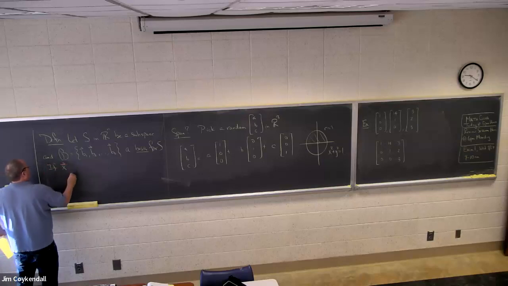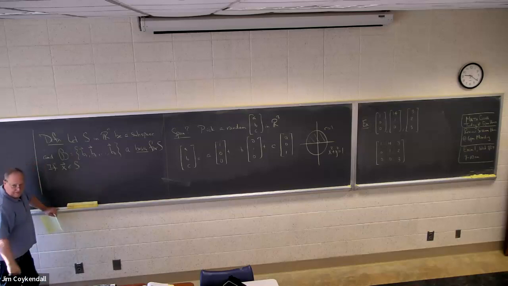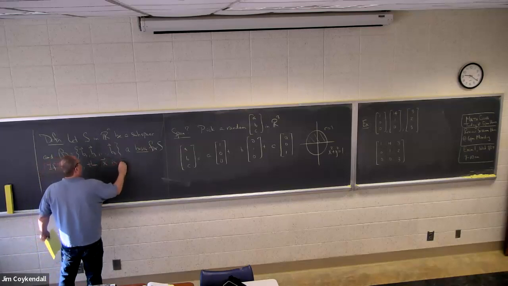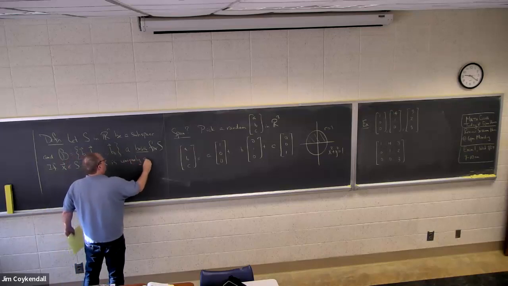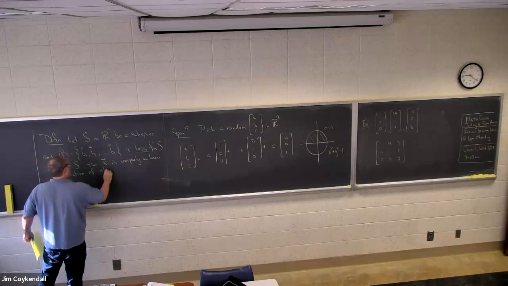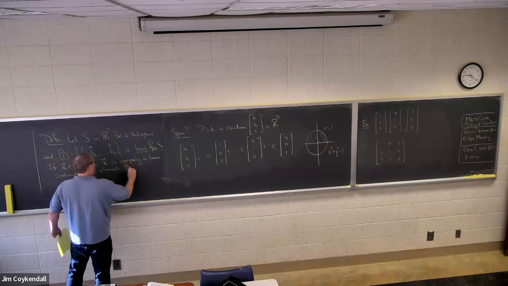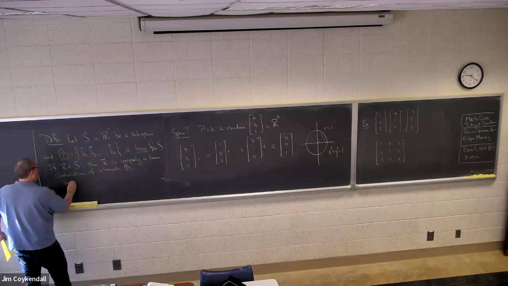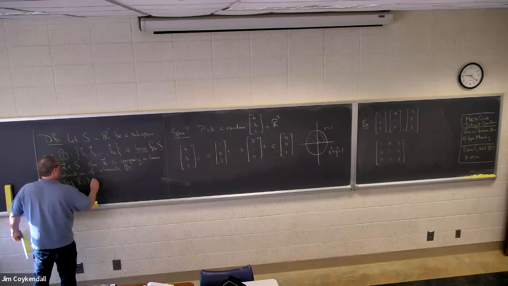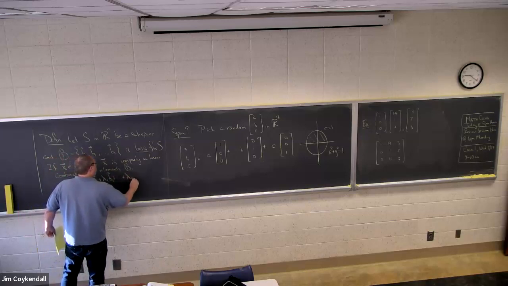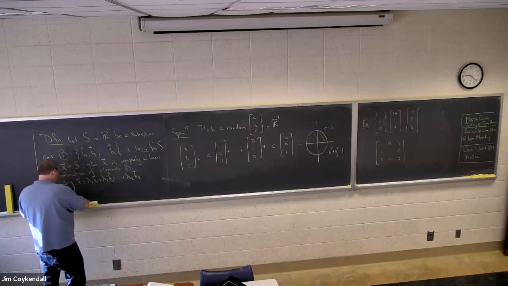If x is any vector in S, then x is uniquely a linear combination of the vectors in B: lambda 1 b1 plus lambda 2 b2 plus and so on up to lambda k bk.